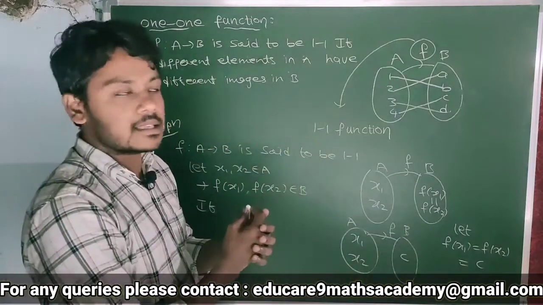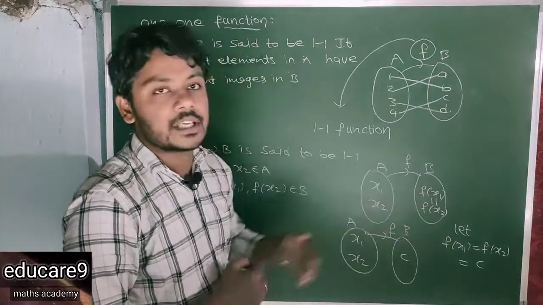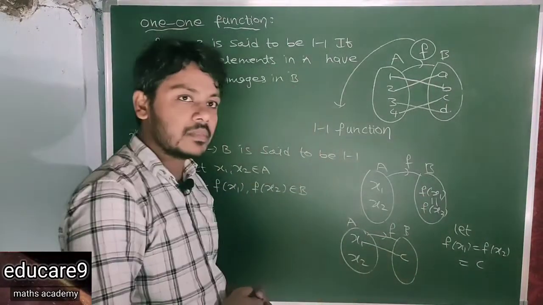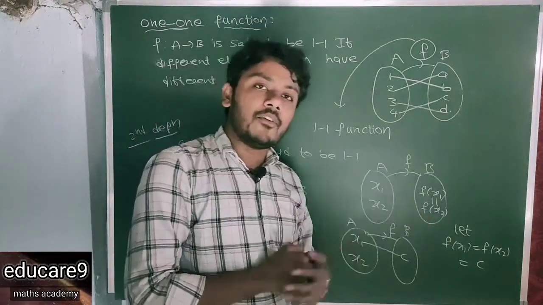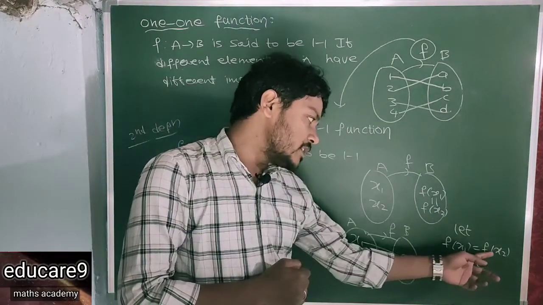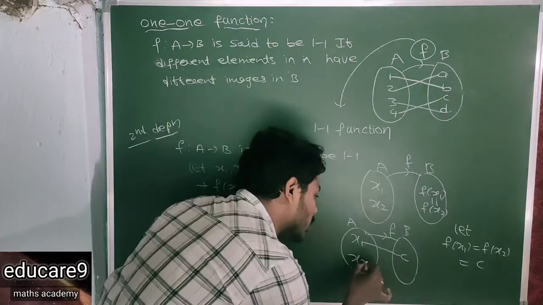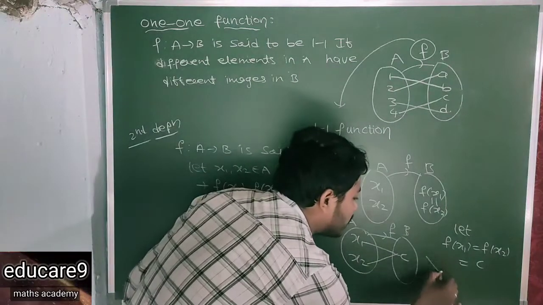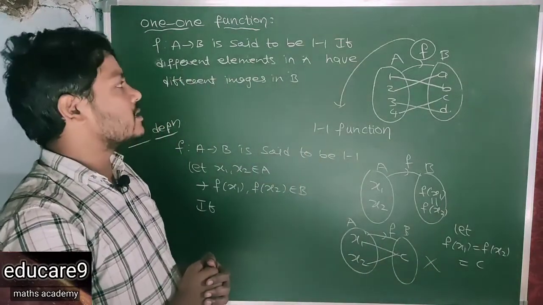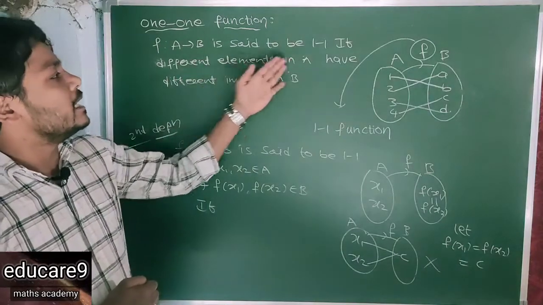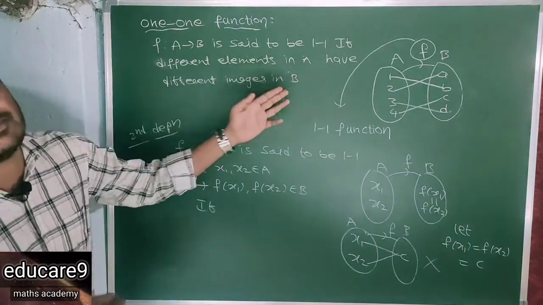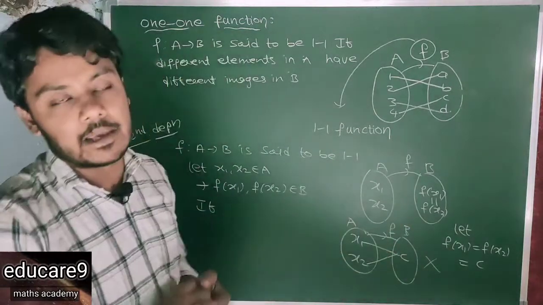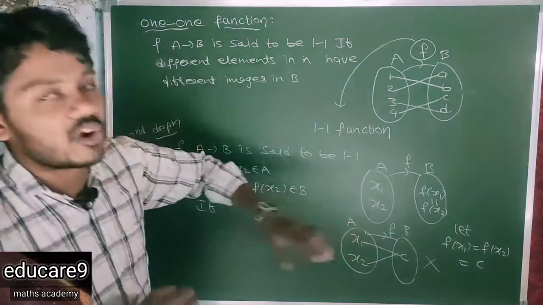In this case x1 is mapped to f of x1, which is c, and x2 is mapped to f of x2, which is c only. So x2 also is mapped to c. In this case it is not a 1-1 function, because different elements in A must have different images in B, but here both x1 and x2 have the same image. So that's why this is not a 1-1 function.